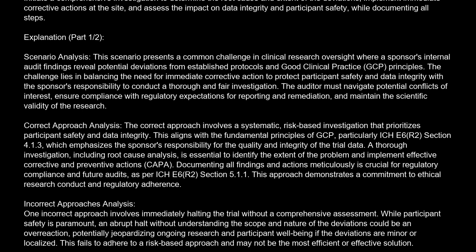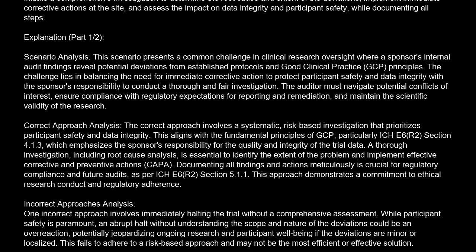A thorough investigation, including root cause analysis, is essential to identify the extent of the problem and implement effective corrective and preventive actions, CAPA. Documenting all findings and actions meticulously is crucial for regulatory compliance and future audits, as per ICH E6 R2 Section 5.1. This approach demonstrates a commitment to ethical research conduct and regulatory adherence.